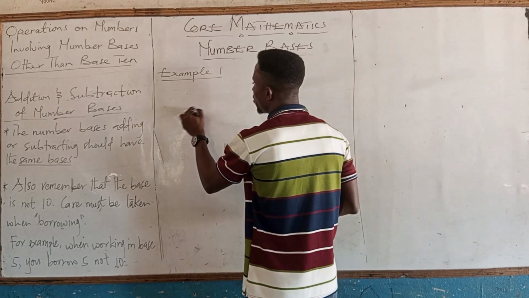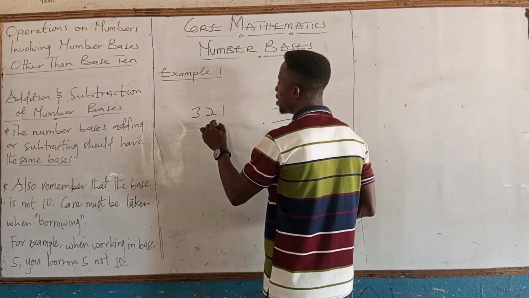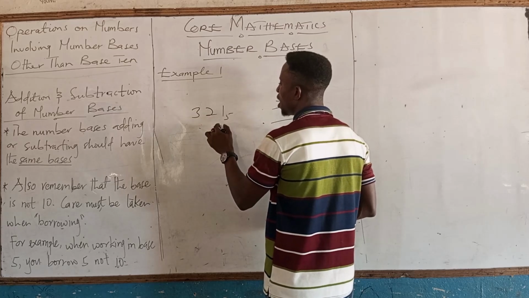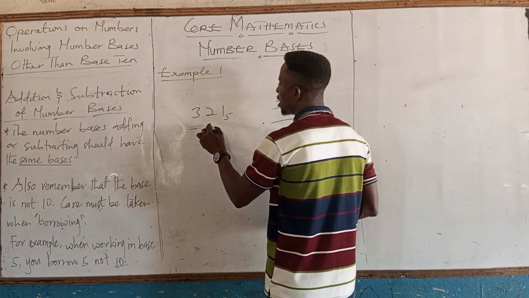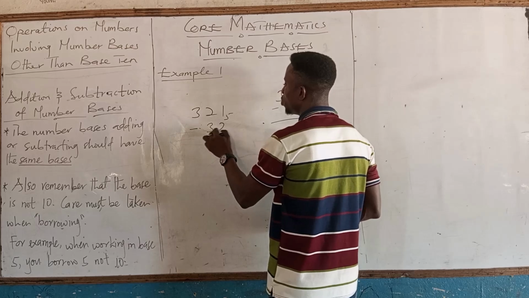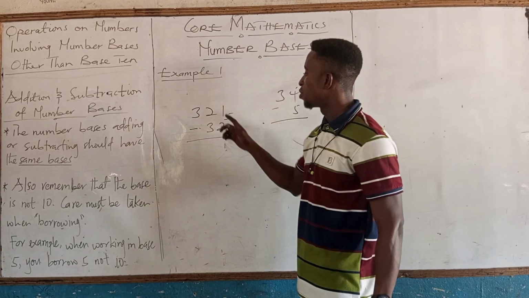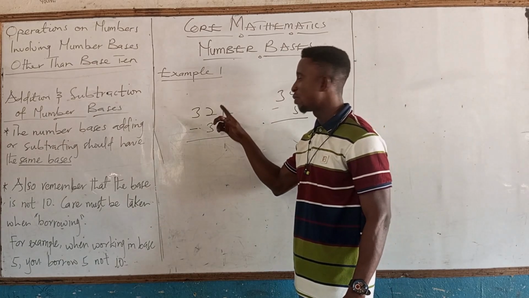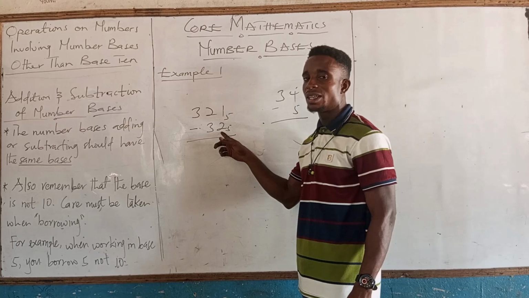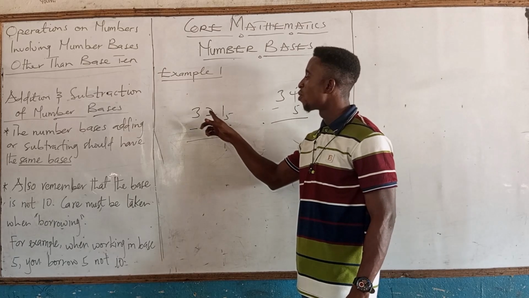But if I'm having, let's say, 321 in base 5, and we are subtracting, let's say, 32 base 5 from it, we have to subtract this one from this one. This one is 1, this one is 2. It can't be done. So I have to go and borrow 1 from here.